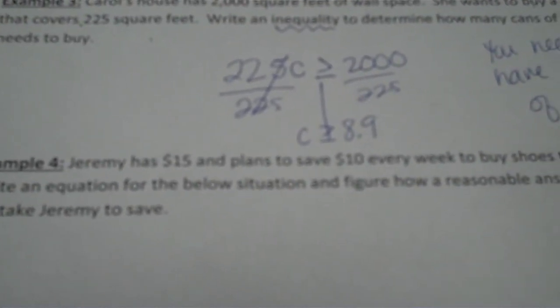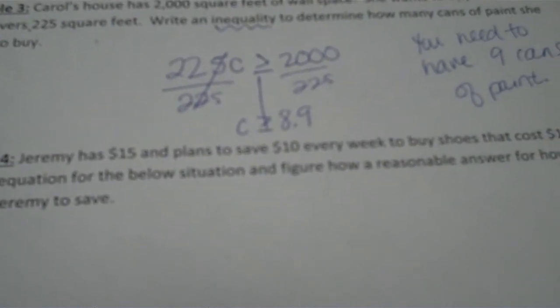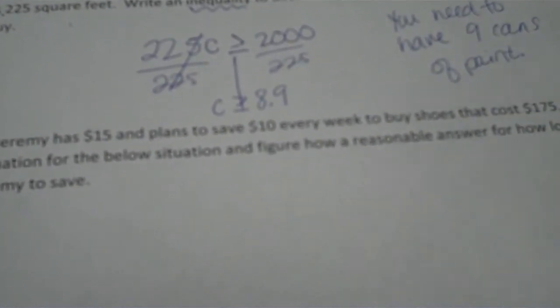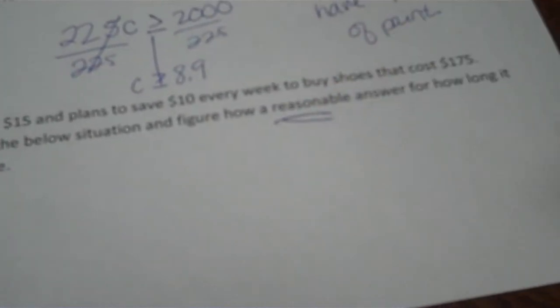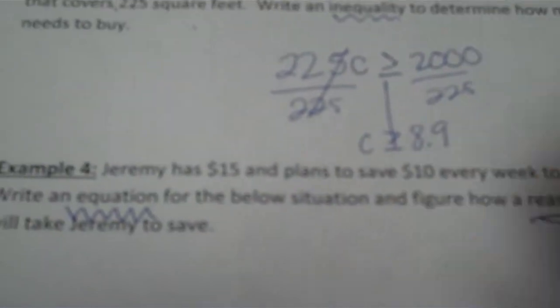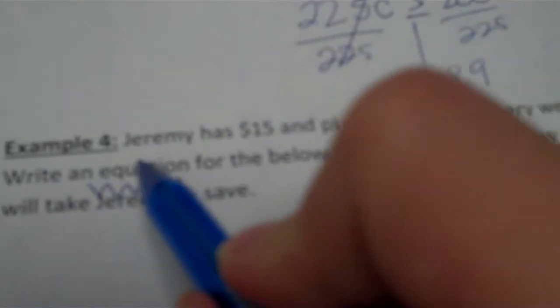Jeremy has $15 and plans to save $10 every week to buy shoes that cost $175. Write an equation, so an equation for the below situation, and figure out a reasonable answer. Okay, so right now he has 15 bucks. Plus, he plans to save $10 every week. So $10 every week, okay? It's asking us to write an equation, so we do equals.